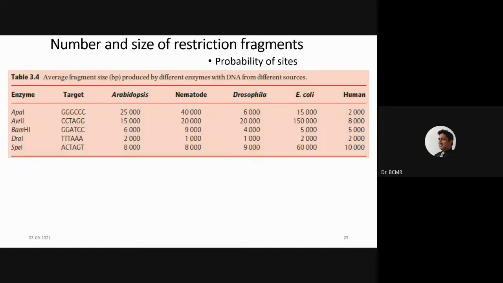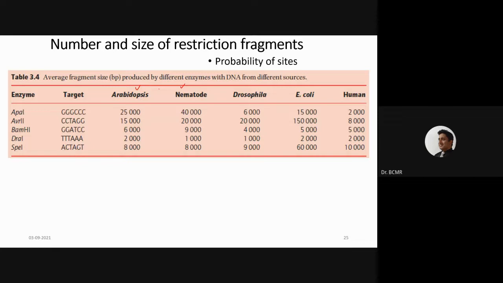We also discussed that the base composition of genomes is not as random as we think it is. If it were completely random, irrespective of the species, we should be getting similar size fragments from all the genomes, but that's not the case.